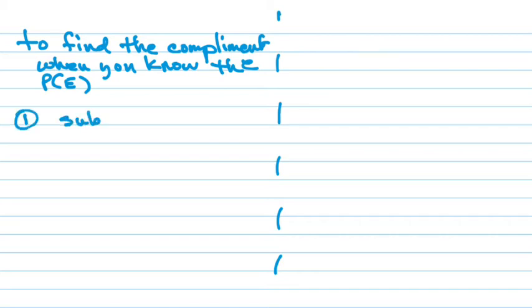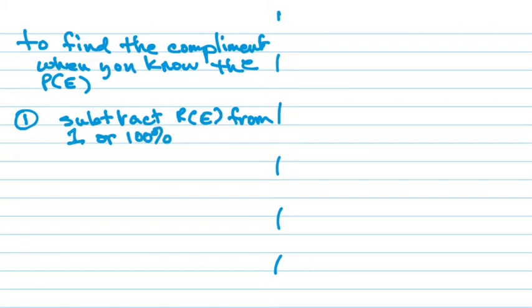Just subtract the probability of the event from 1, or 100% if you're dealing in percents, right? Because it can be written as a number or a percent. If it's written as numbers, a fraction or a decimal, you simply subtract it from 1. If it's written as a percent, you would subtract it using percents, okay? So either 1 or 100%, because 1 and 100% mean exactly the same thing.